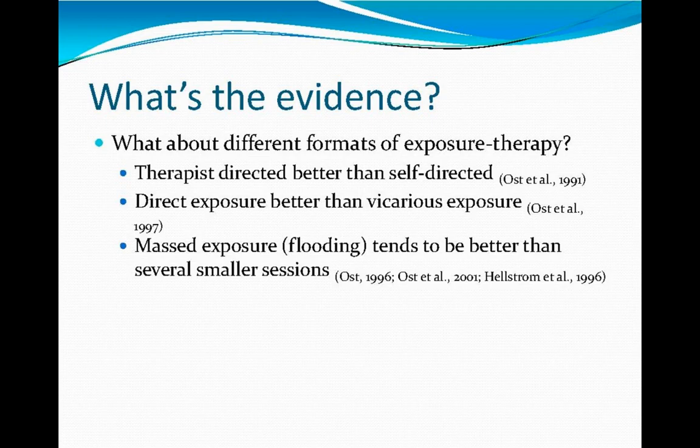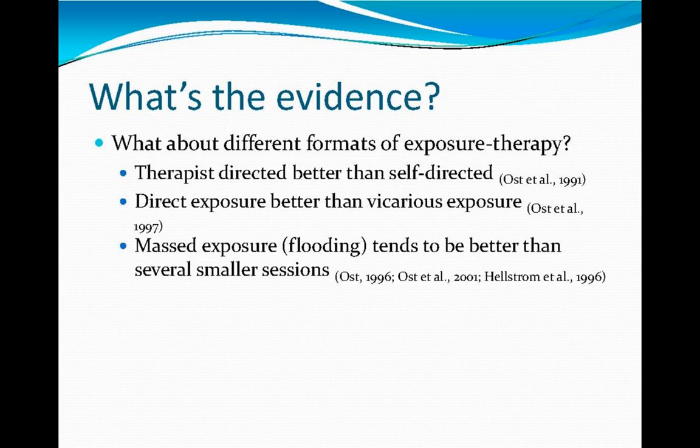And that's probably fairly intuitive, as you all know that with anxiety, the hallmark characteristic is avoidance. So the child is probably going to want to avoid. Oftentimes parents aren't as good at being consistent with following through with the self-directed exposure. So it tends to work better if you do it with the child or the adult yourself so that you can make sure it's being implemented correctly.